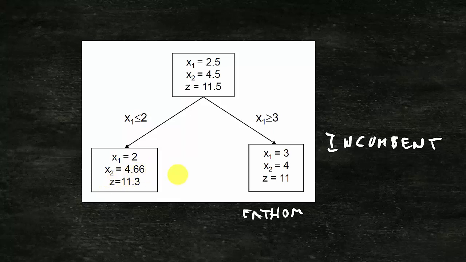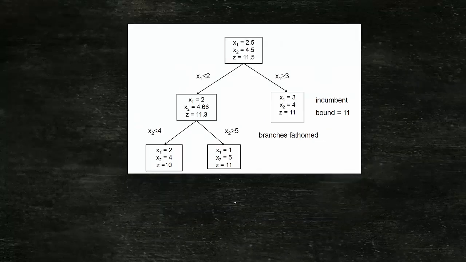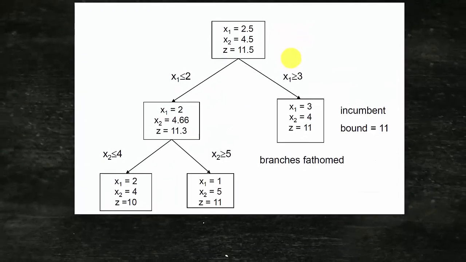So let's do that. The next slide. And what we have here is that we have an incumbent at 11. We have this branch fathomed, as we said before. And now we have two integer solutions. We definitely are going to fathom at this point, because there's no point going any further. And the same thing here.